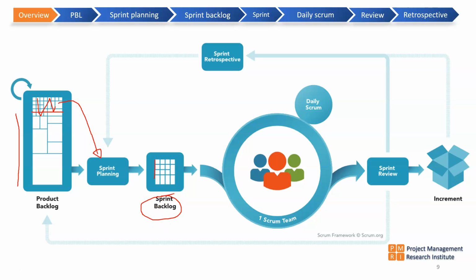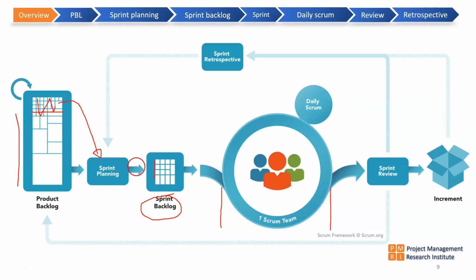They commit to a set of features that will be developed in the next 30-day cycle, which is the sprint duration. Generally, the thumb rule is the sprint duration cannot be more than 30 days. Some teams run with 10-day sprints, some teams 30-day sprints. So it is up to the teams to decide.